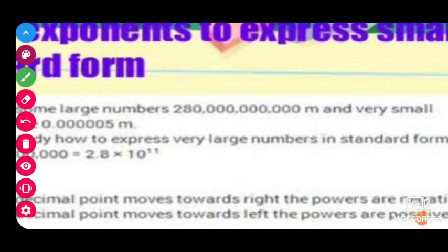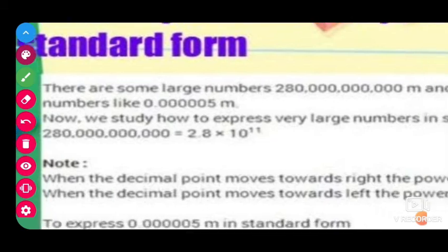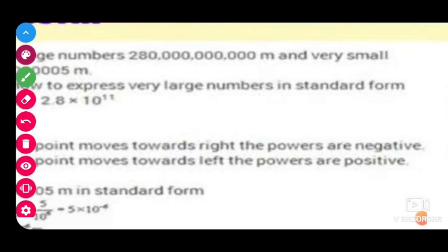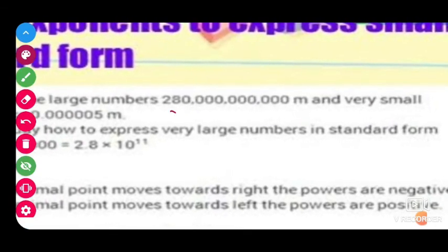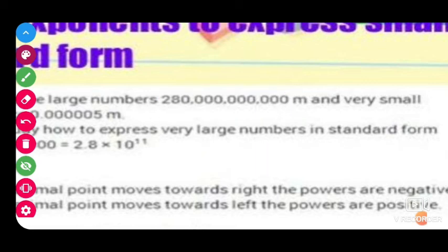Even first segregation, each and everything. Even whenever we take small numbers like 0.0000005, every time if I want to write this number, I have to write fully like this, 0.00000. No. What we will do is express it in standard form using powers.